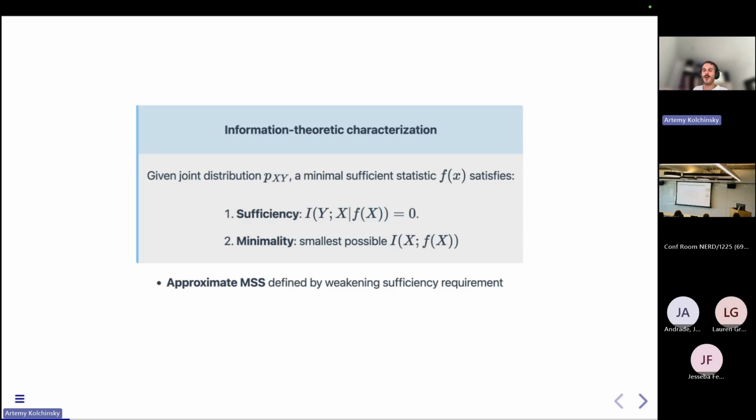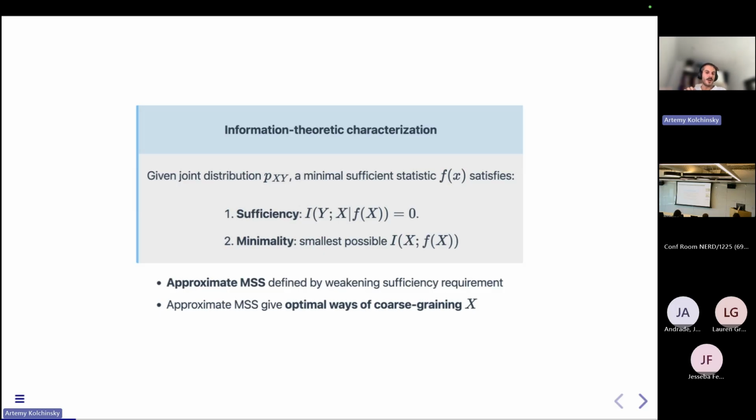Maybe I'll just call them approximate statistics for short because it's a mouthful. We can quantitatively weaken these requirements and achieve approximate sufficiency, which gives us optimal ways to coarse grain X, given that we want to preserve some information about Y.